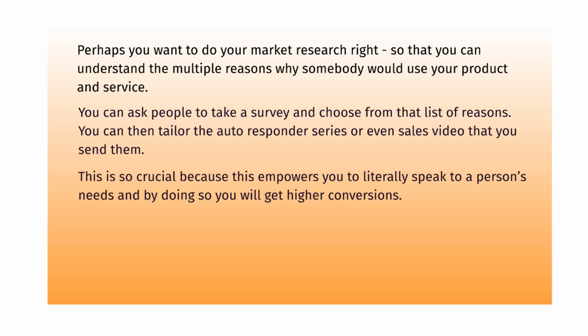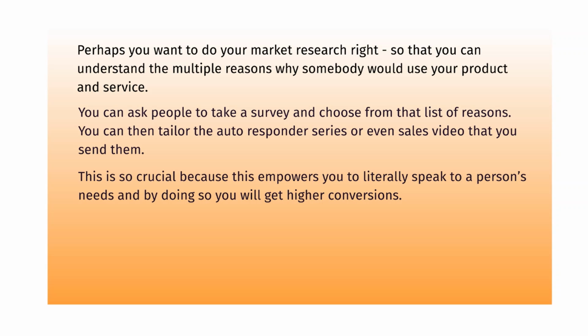So in other words, what I'm talking about here is, let's say you take an initial survey and you find out there are 3 main reasons why somebody buys your product and service. You take those 3 main reasons, you create a different survey or a quiz, whatever, and you have them go through it. And if they choose one of those 3 reasons, then you send them to a different location. Does that make sense? So let's say, for example, they have choices 1, 2, and 3.